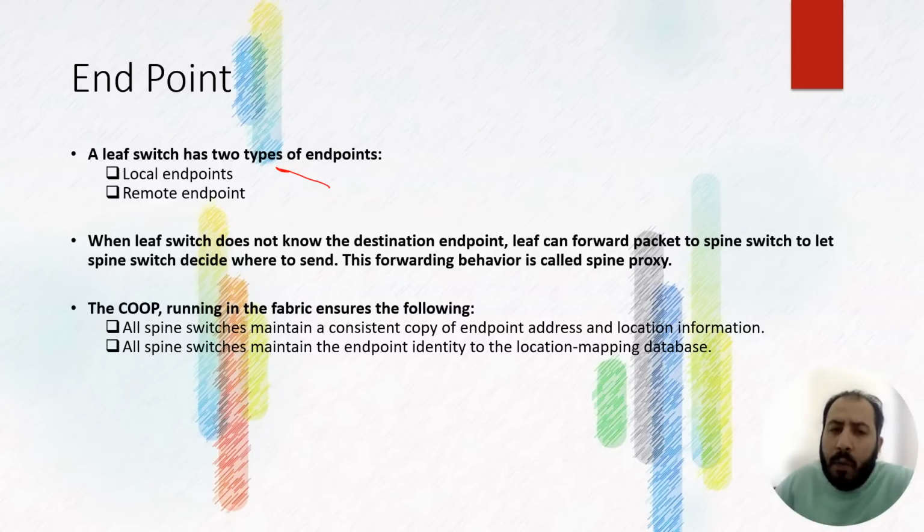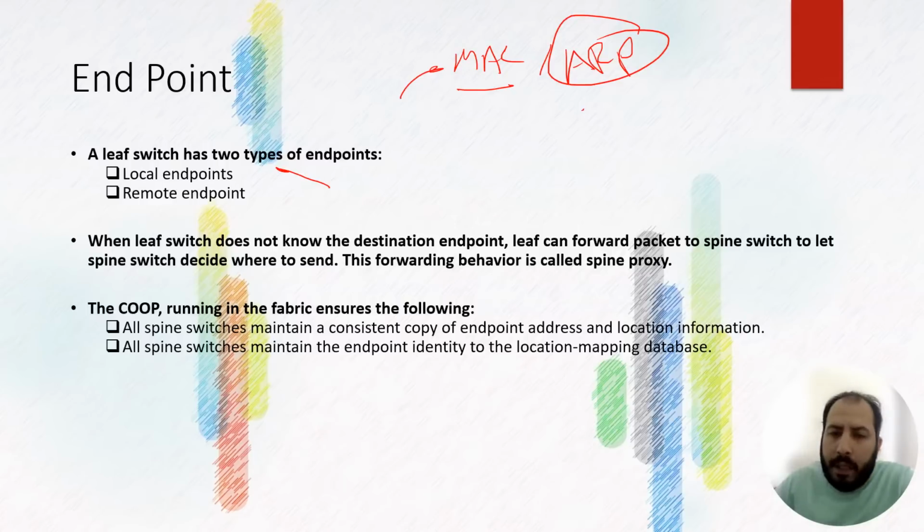Okay, now what information will the leaf get to know? Of course, the leaf will get to know the MAC address, and if I have the unicast routing feature enabled within the bridge domain, I will obtain the ARP information or the IP address information for this particular endpoint, plus the exit interface or the connected interface.